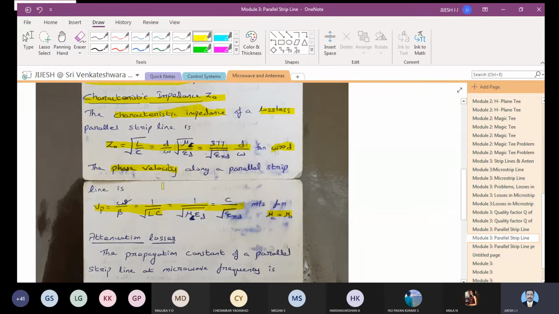You know that attenuation is denoted by alpha. We are using these equations, whatever we have studied till date. I have not written even a single new equation here; we have studied all of these either in module 1 or module 3.